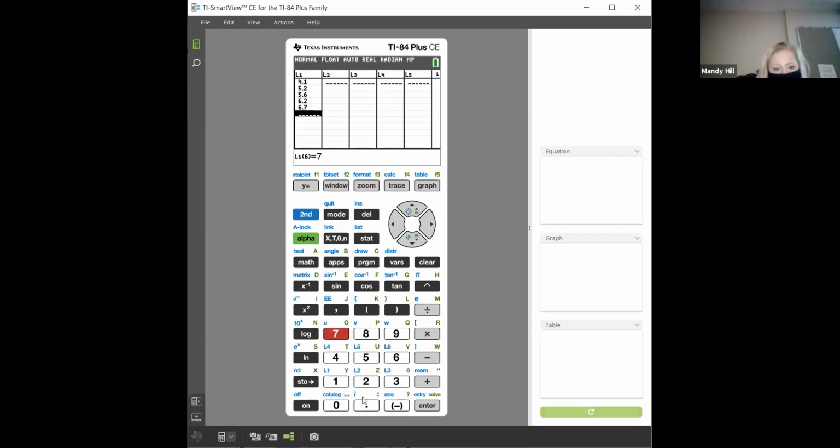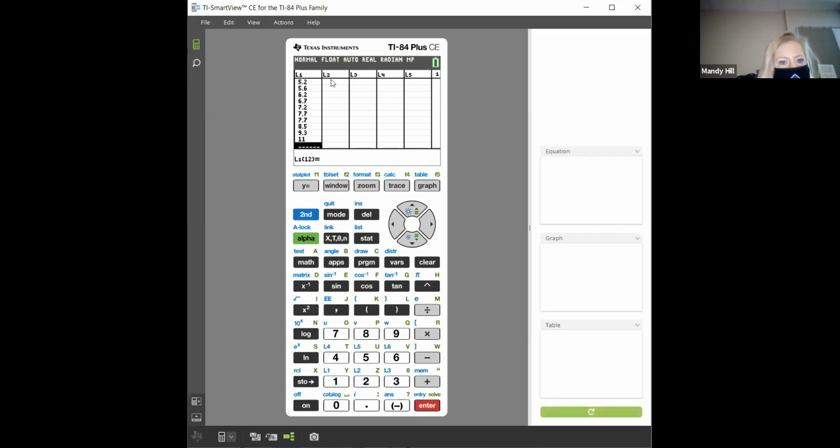7. I'm just going in, typing all these things in. It's taking me a little bit longer because I'm having to do this with my mouse, but this first list is for Big Bank.